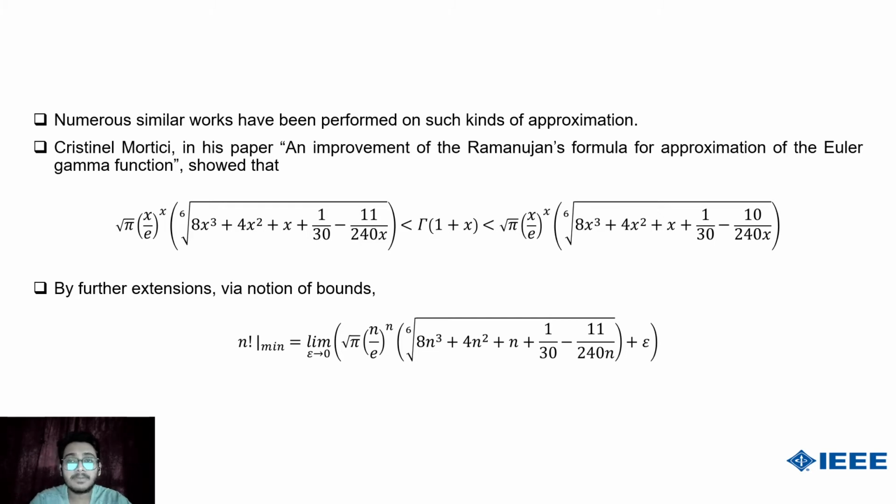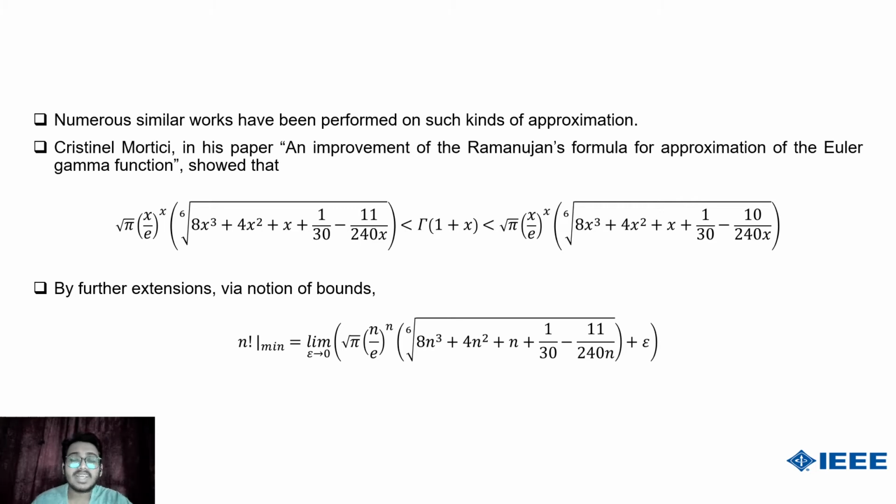Christian Mortici, in his paper An Improvement of the Ramanujan's Formula for Approximation of Euler Gamma Function, showed that the value of gamma of 1 plus x, that is the general factorial value, will be lying between square root of pi x upon e raised to the power of x, sixth root of 8x cube plus 4x square plus x plus 1 upon 30 minus 10 upon 240x, and square root of pi x upon e raised to the power of x, sixth root of 8x cube plus 4x square plus x plus 1 upon 30 minus 11 upon 240x. These are the bounds that the general factorial is supposed to stay within.